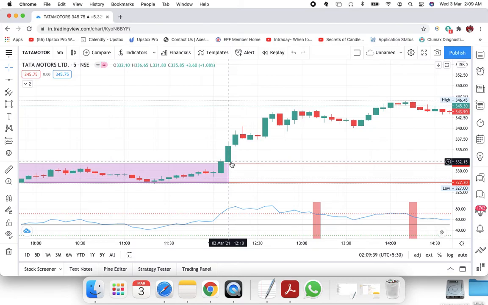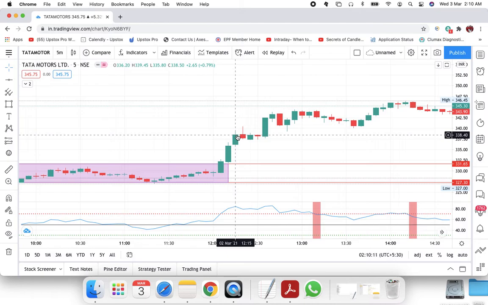This candle opened here, so we entered here, and this candle went up to 336, then came and closed at 335, and the very next candle opened here at 336 and went up till here and then closed at this price.